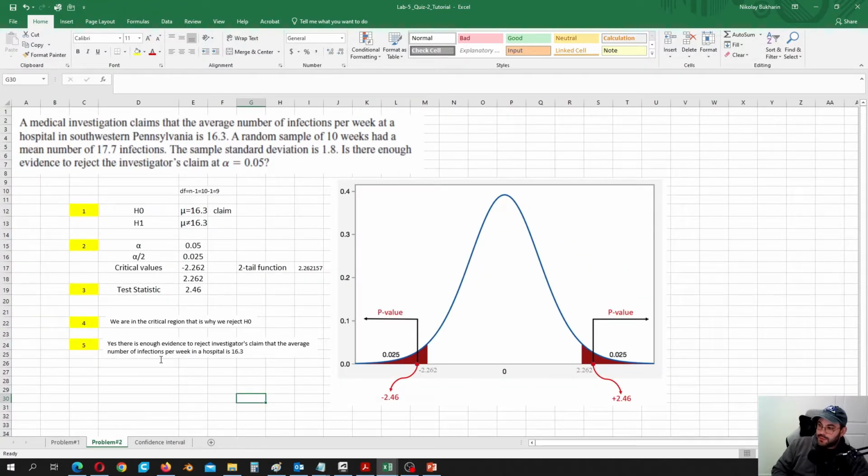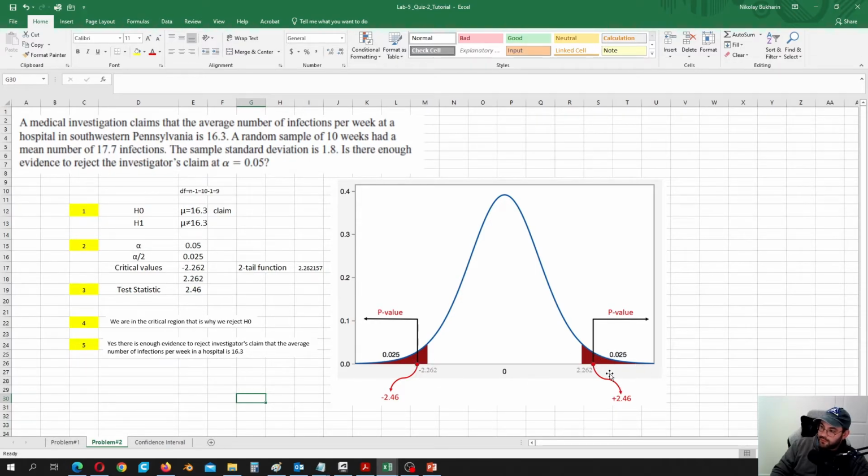Problem number 2 was a two-tail test. Here we need to be careful, because we need to take our test statistic, 2.46 in this case, or minus 2.46. And what we are doing here is calculating the area which is cut by the test statistic in the tail, from the right and from the left.